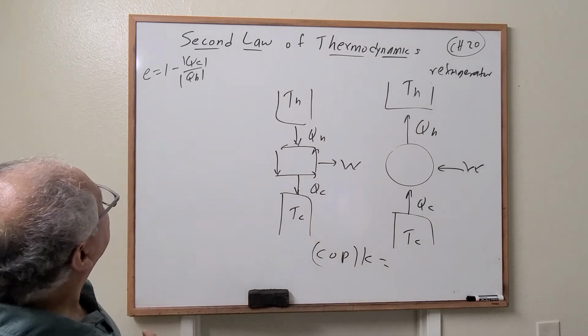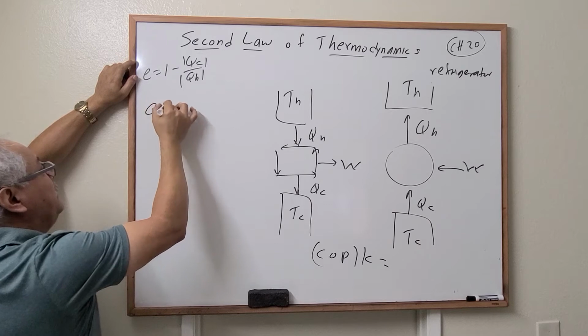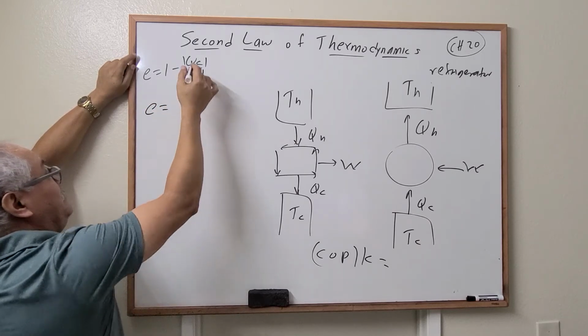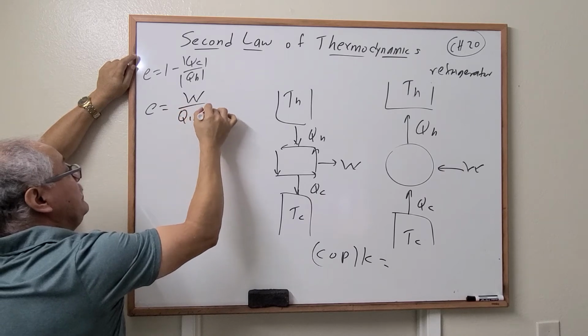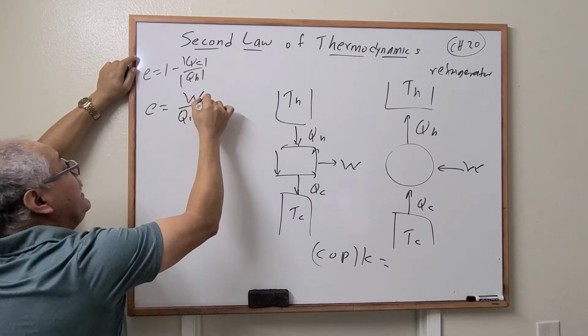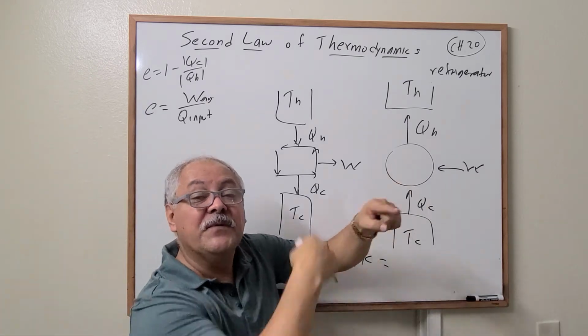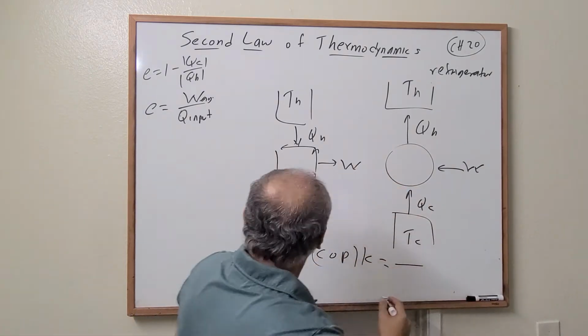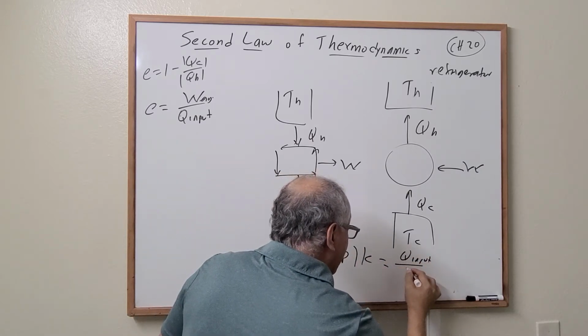But how do we define efficiency one more time? Well, it's not right here, but let's define it. Efficiency equals work divided by input heat. That is for the engine, but here it is reversed. This equals the input heat divided by the work done.